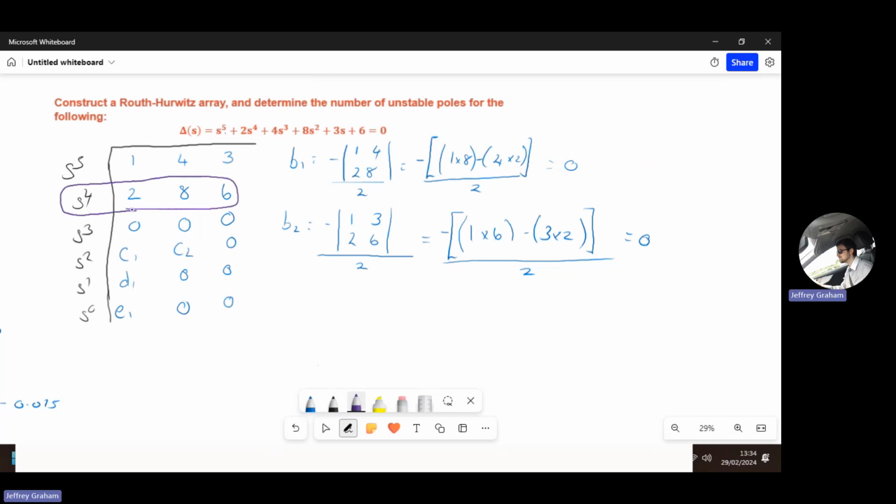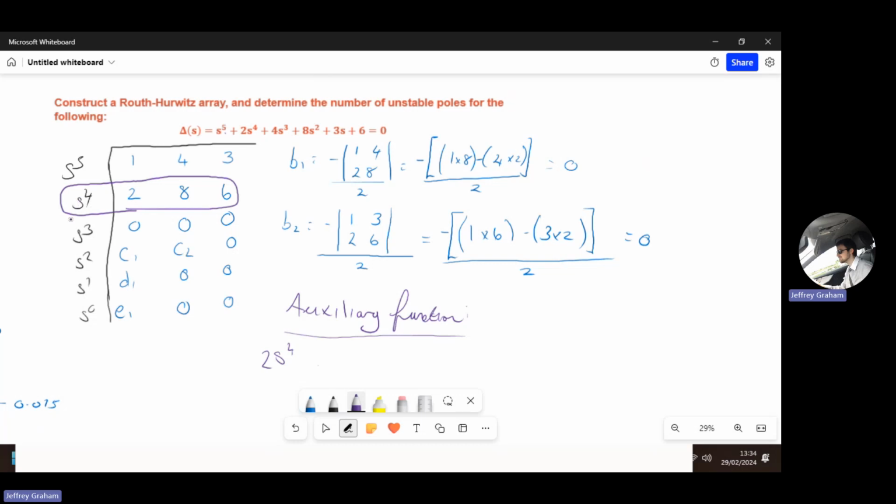Right, notice I've circled the power outside as well. So the first coefficient is s to the power 4. So we've got 2s to the power 4.